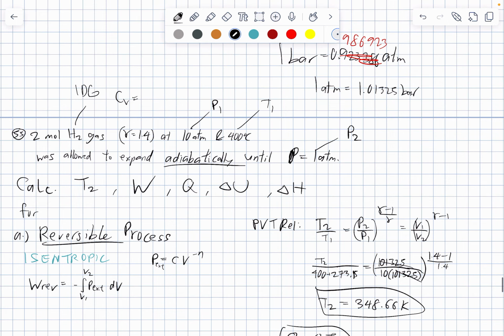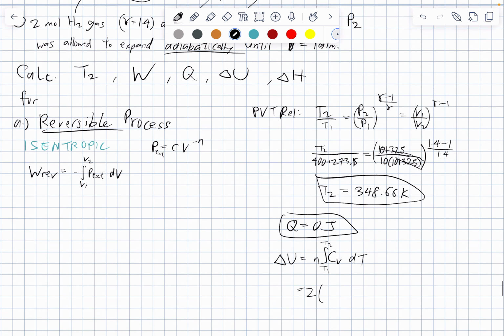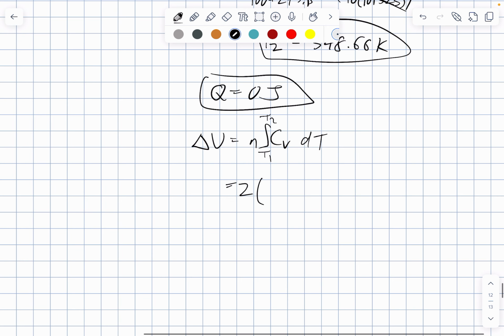CV equal to 5 over 2 R, and then CP is equal to 7 over 2 R. So gamma is equal to 7 over 5 equal to 1.4. We were able to trace. It makes sense. CV therefore is 5 over 2 R.